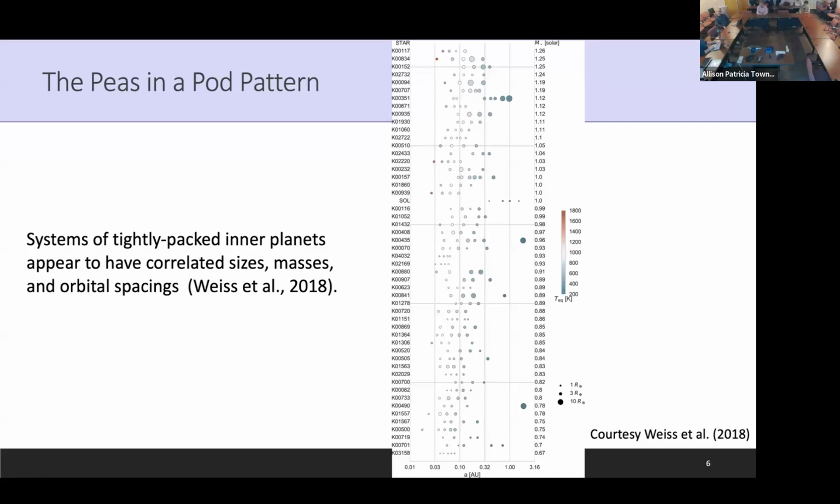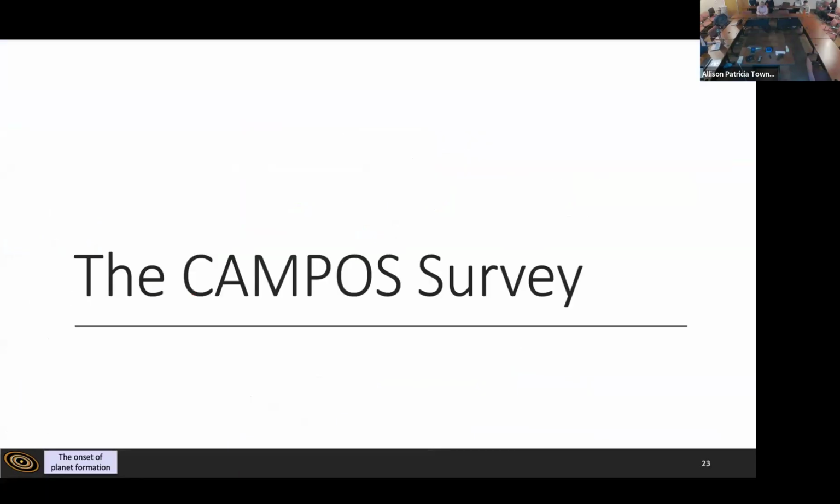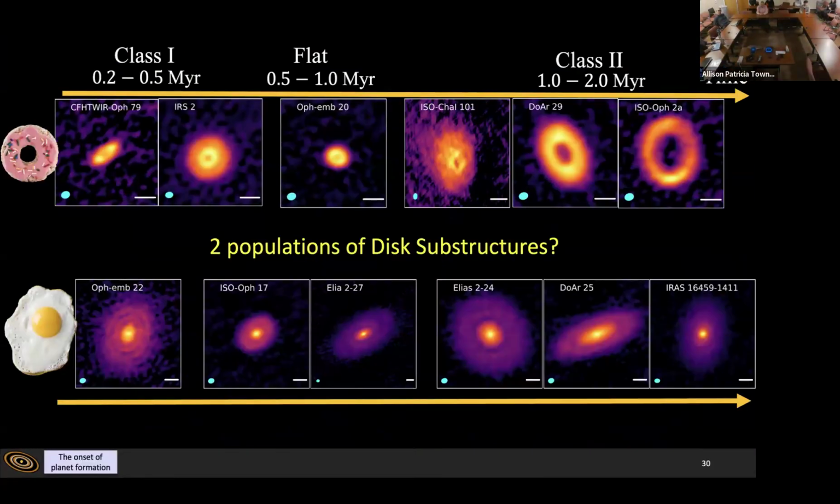So first of all, if it's wide binaries, then I don't think it will have much effect on the substructures. And if it's a binary inside the disk, then it sure should. One hypothesis I'm thinking about is that the central cavity ones could be tight binaries.